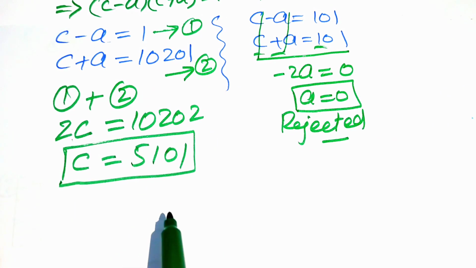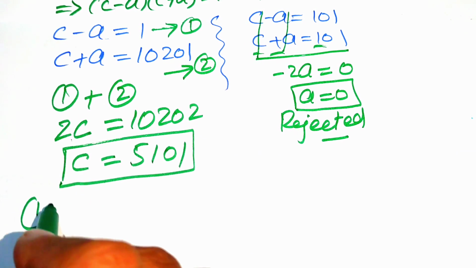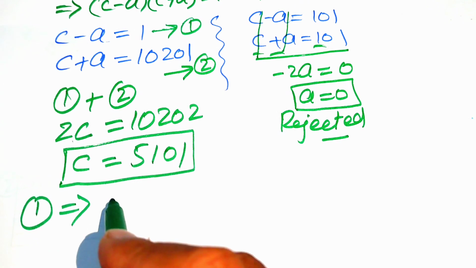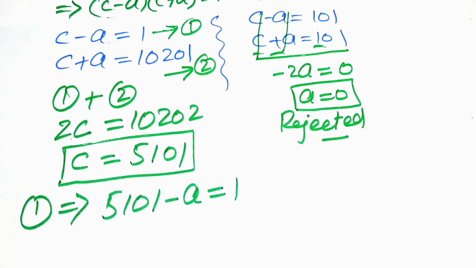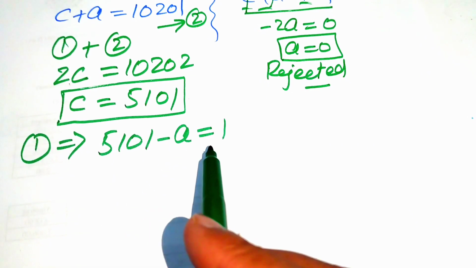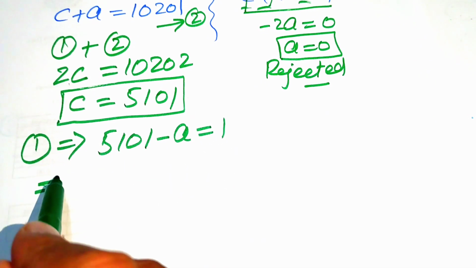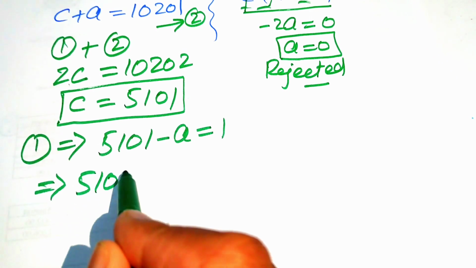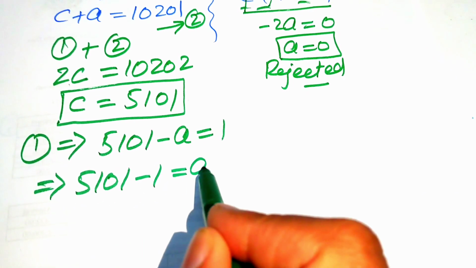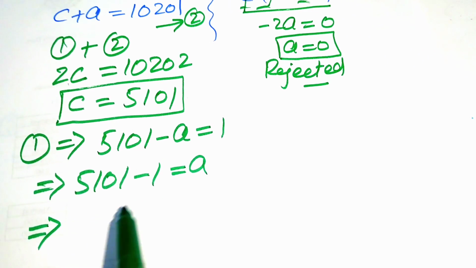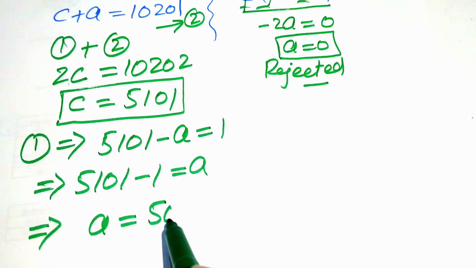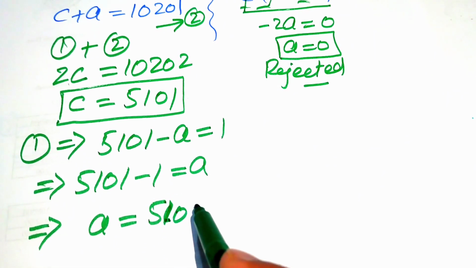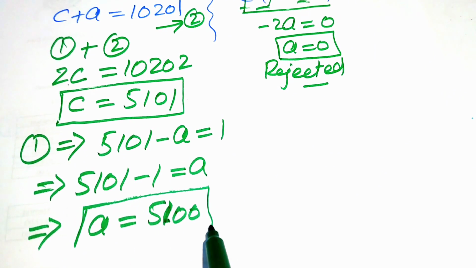So when you put this value in equation number 1, then you get 5101 minus a equals 1. So here we move this minus a to the right hand side and 1 to the left hand side, and it becomes 5101 minus 1 equals a. So this implies that we have the value of a equals 5100.